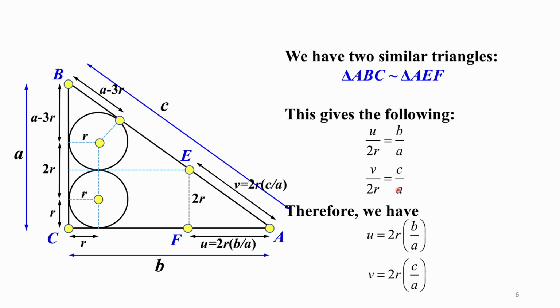So the length of this segment U and the length of this segment V is represented by the side lengths A, B, and C, and the unknown radius R. Therefore, we have U equals 2R times B over A, and V equals 2R times C over A. We're almost done because we know U and V, the remaining is this segment.